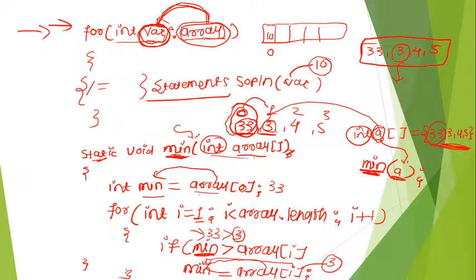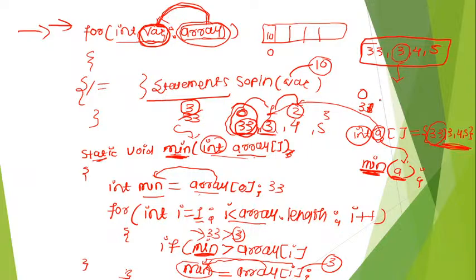This 33 is overridden and 3 is added. Then the for loop increments automatically by 1, so it will go to index 2. The 0th value is now the 3, since we changed it from 33 to 3.